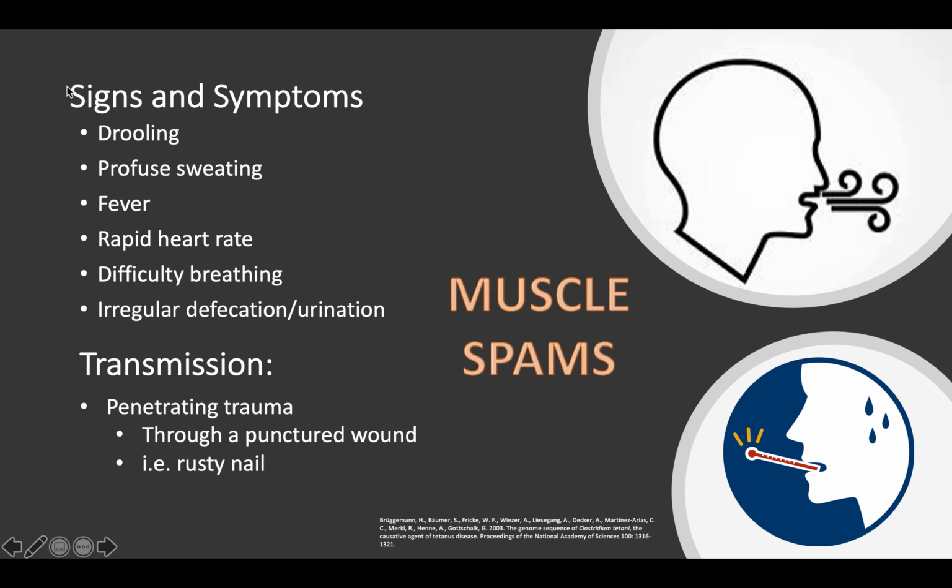We do have cases, and these are often because those who become infected either did not get their tetanus vaccine or simply didn't keep up with their booster shots, which you have to get every 10 years. So it's extremely important to stay on track with your booster shots for your tetanus vaccine.